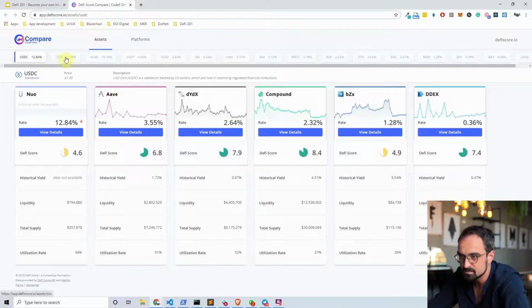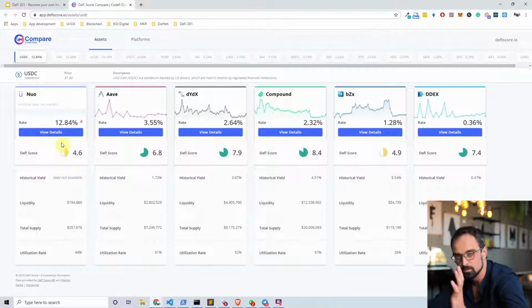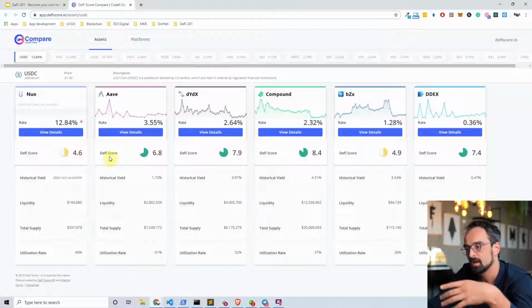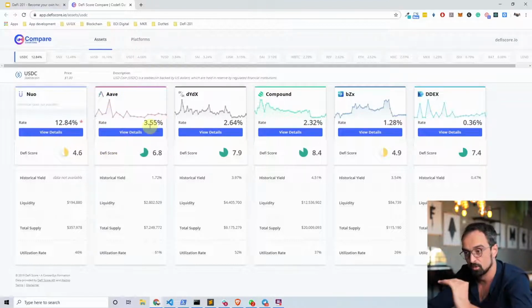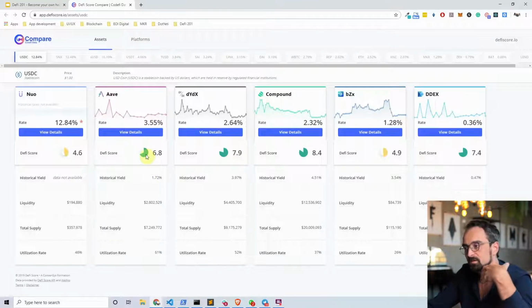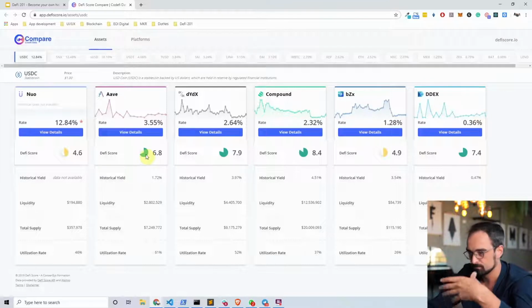So here you can see on our USDC, we can get a maximum of 12.48% on Neon, but the DeFi score is pretty low, meaning there are quite some risks involved. And on Aave, the interest rate is a little bit lower, but also the risks are less. So this is something you need to take into account in your DeFi investment strategy.